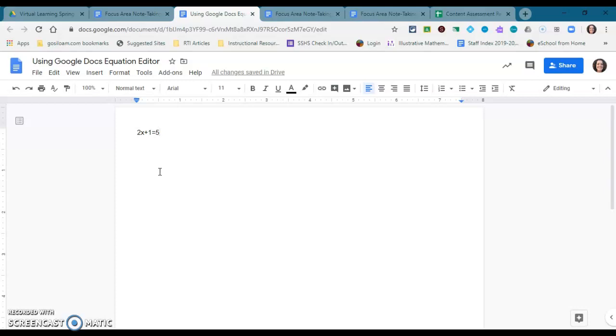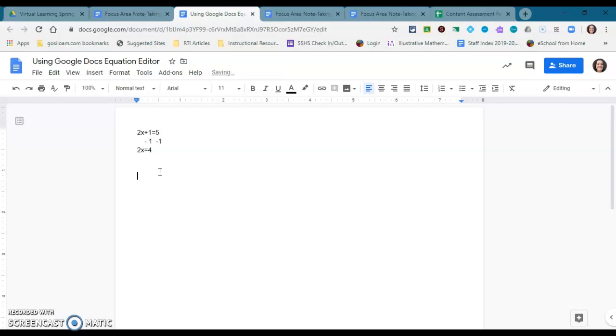I could say, next step, I want to subtract 1 from both sides and then have 2x equals 4. There's nothing wrong with using the keys on your keyboard, but sometimes you might want to type something that you don't really have the necessary keys on the keyboard for.